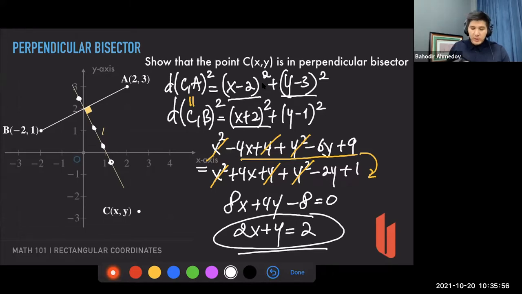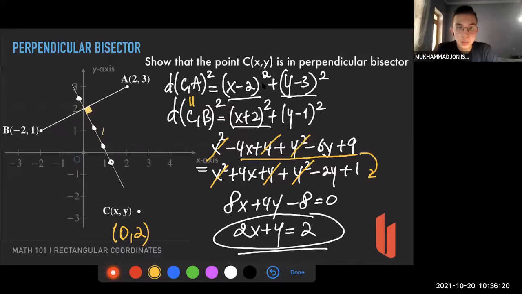Today we're going to define what I mean by the solution of an equation with two variables. Let me give you a couple of examples. If you take the point (0, 2), for example, does this point lie on this bisector?